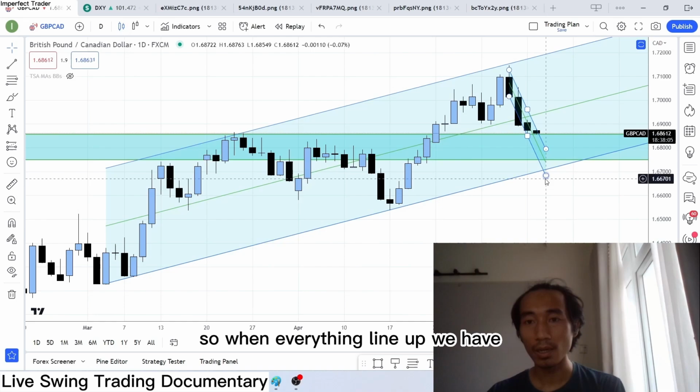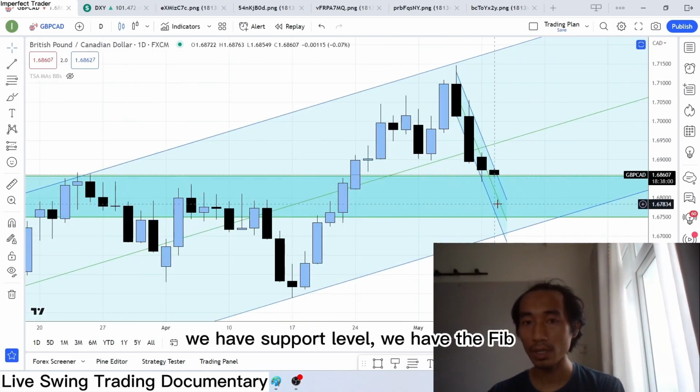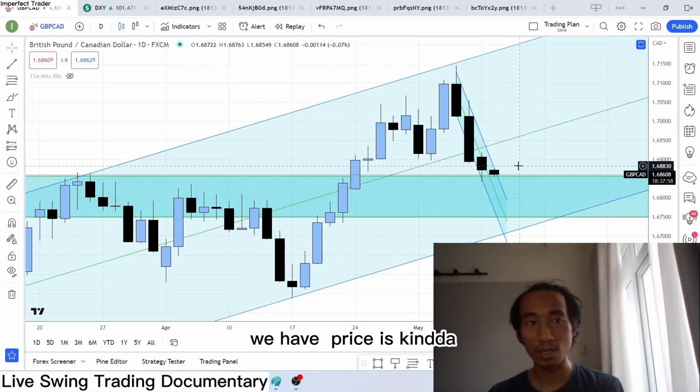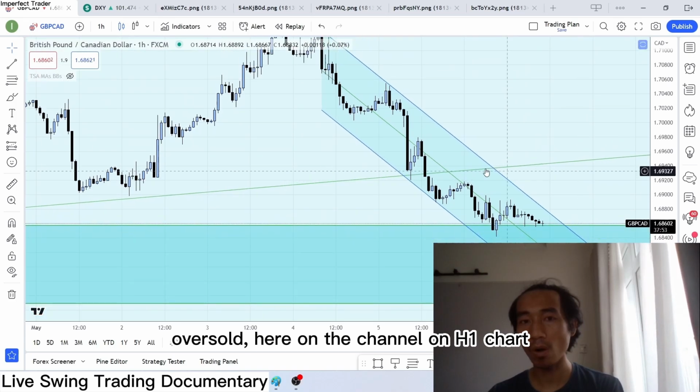So when everything lines up, we have the trend line, we have the support level, we have the Fib, and we have price kind of oversold. Here is the channel on the 1 hour chart.